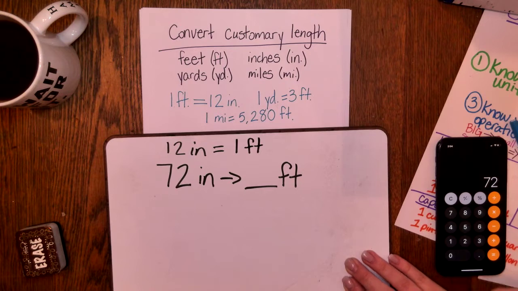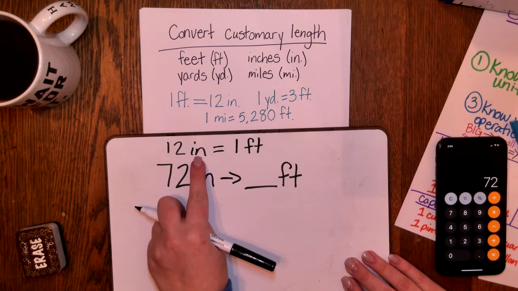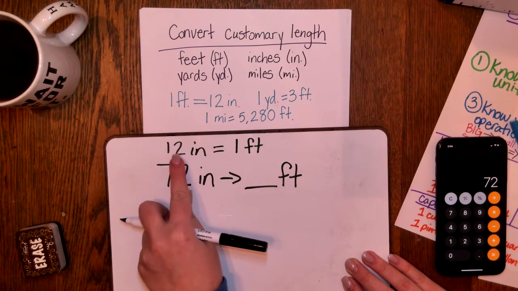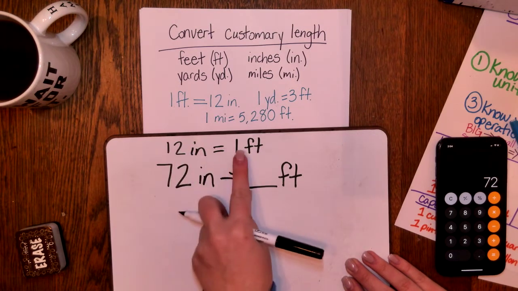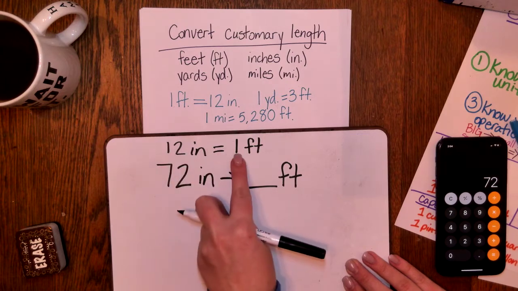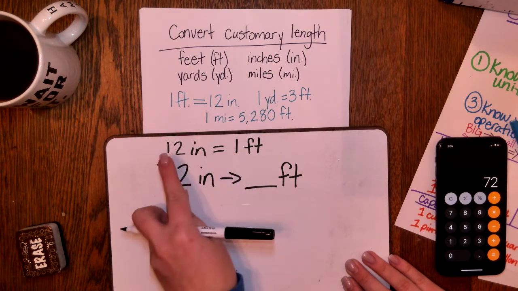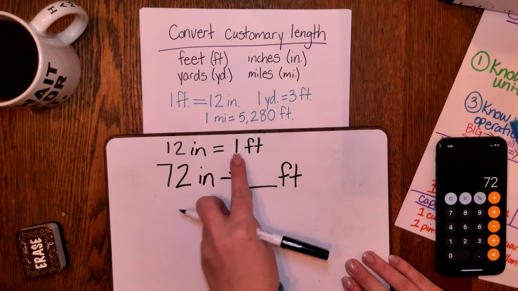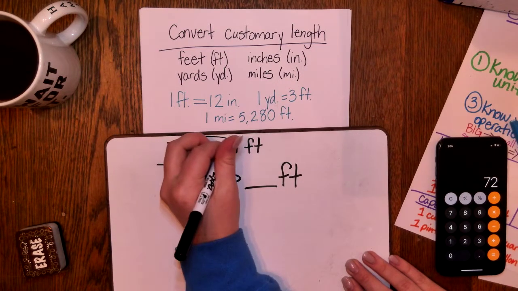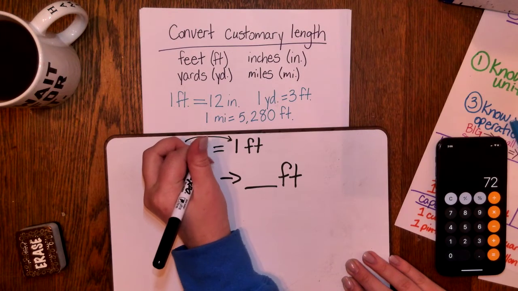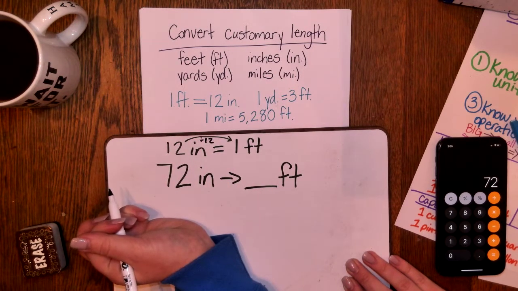Here, I'm going from a smaller unit to a bigger unit. So my number, 12 to 1, is getting smaller. When we're dealing with whole numbers and we are getting smaller, we divide. To go from 12 to 1, we divide by 12.